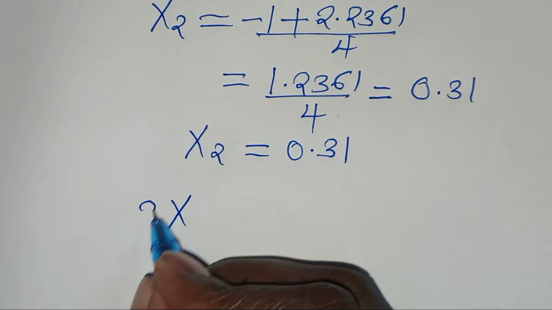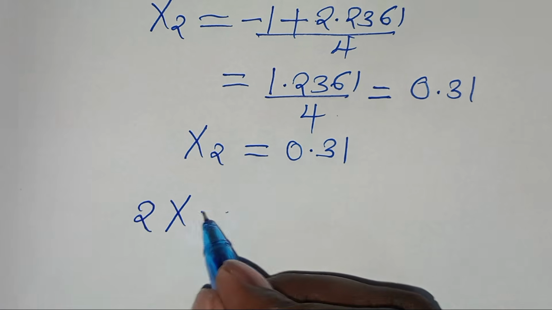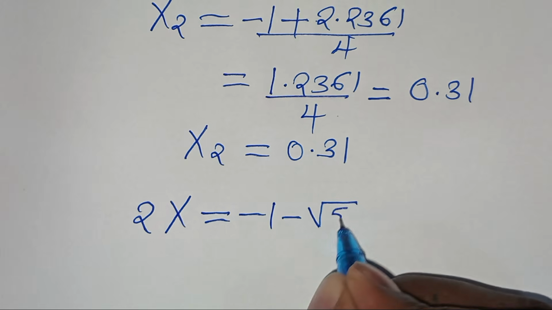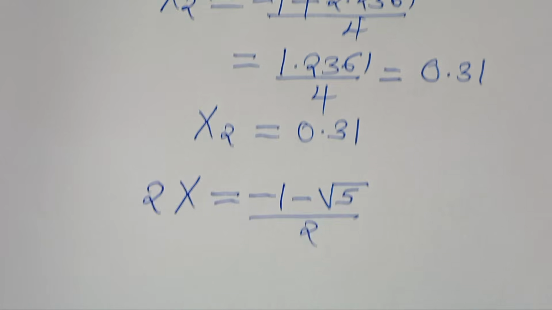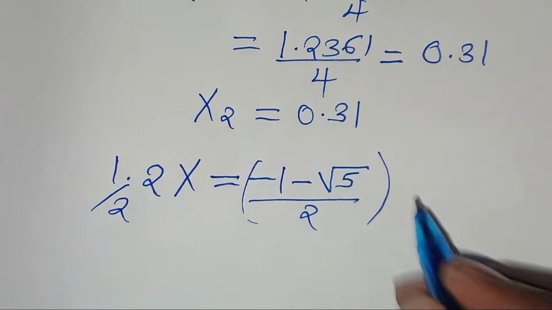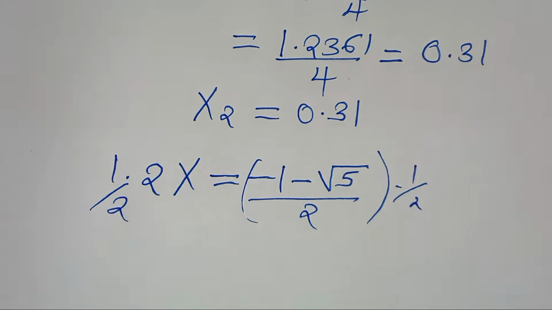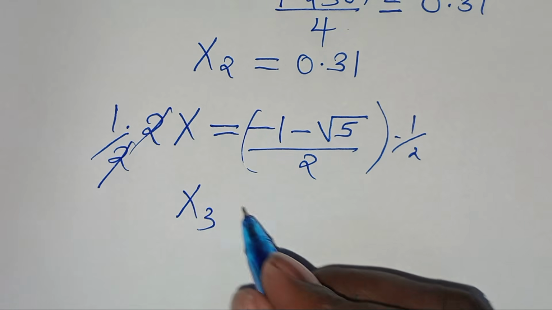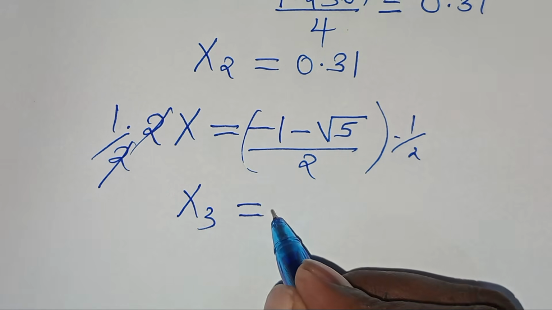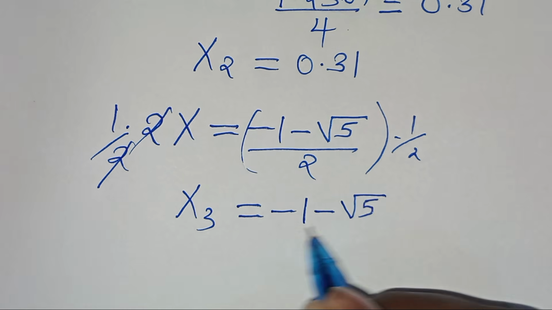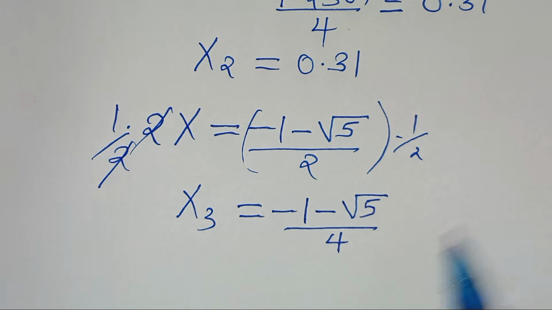Now let's solve for x3. Remember we have case 2, which is 2x is equal to negative 1, subtract square root of 5 divided by 2. So we multiply both sides by a half, so that now we have x3 is equal to negative 1 minus square root of 5 divided by 4.